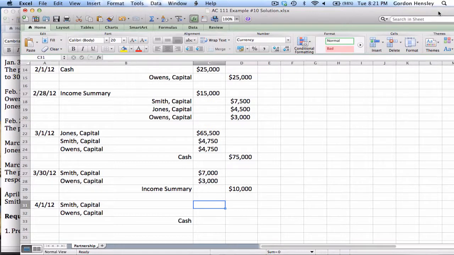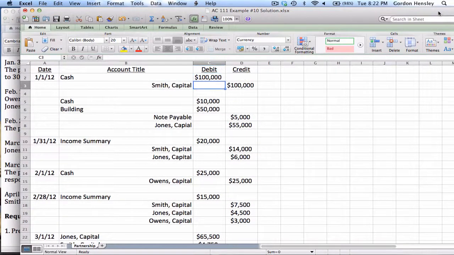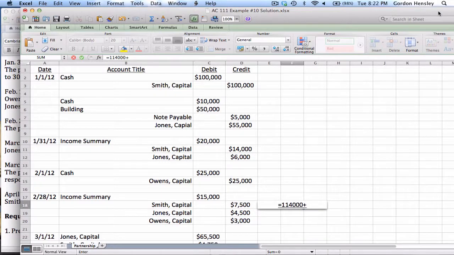So to finish this out, what we really need to figure out at this point, what would be the value of everyone's capital account? So starting with Smith, I'm going to have to go back and figure that out. Now Smith started out with 100,000. Then we added 14,000. That's 114,000. Then we added another 7,500.